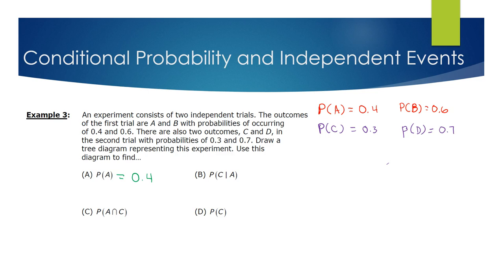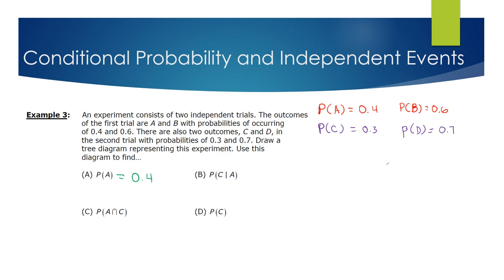Now within the trial, the events might be dependent. I would say A and B are probably not independent because only one could occur, as those are the two possible outcomes. If A occurs, then B's probably not going to occur. That's dependence. But the two trials are independent.